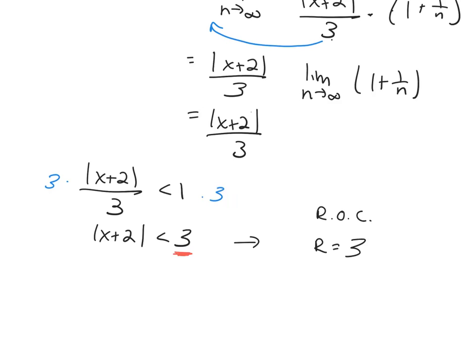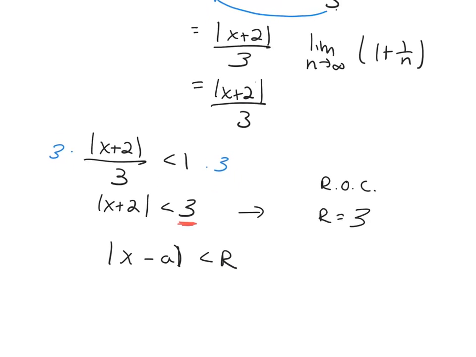It's okay if the x isn't by itself, because remember our interval is centered somewhere at a. In general, to find your radius of convergence, it's usually the absolute value of x minus a is less than R. So you're trying to get it in that format.